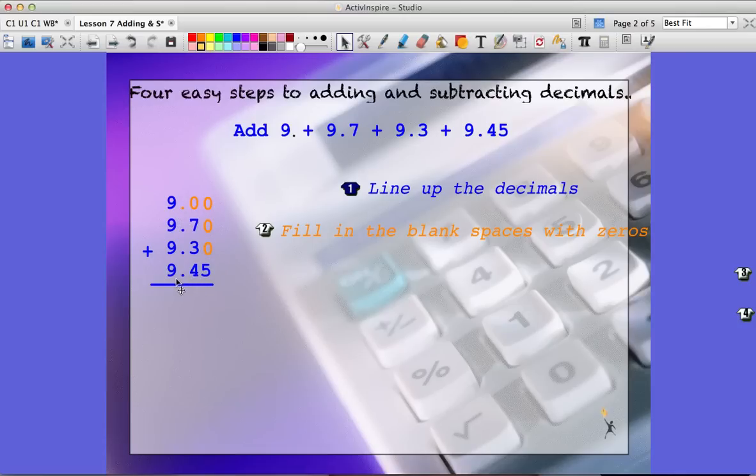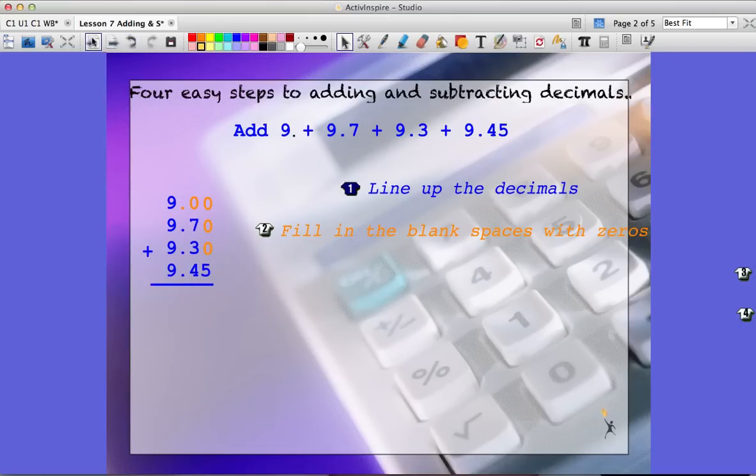Now notice here, this goes out 2 places, the rest of them only go out 1. So we place zeros in those columns that don't have any other numbers, just like we did when we were comparing and ordering decimals. So we add that decimal to the whole number and then fill in the blank spaces with zeros. So again, this is what it looked like without and with.